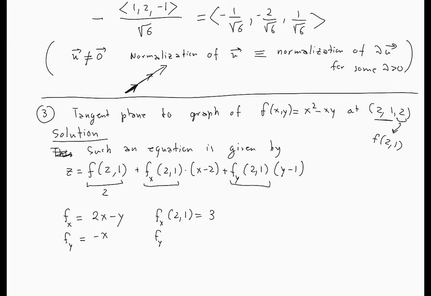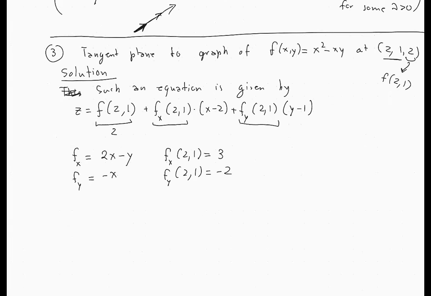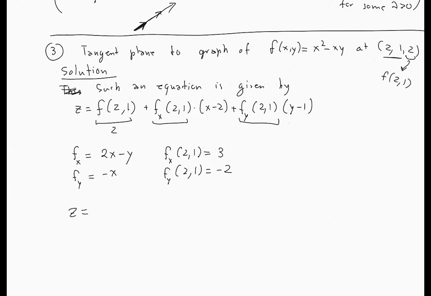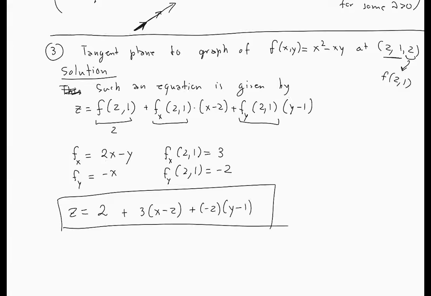So now we have all the numbers, and the equation for the tangent plane will be 2 plus 3 times x minus 2 plus negative 2 times y minus 1. And that's it. I mean, someone might ask here, do we need to simplify it? You can simplify it if you like. It's not really a big deal.